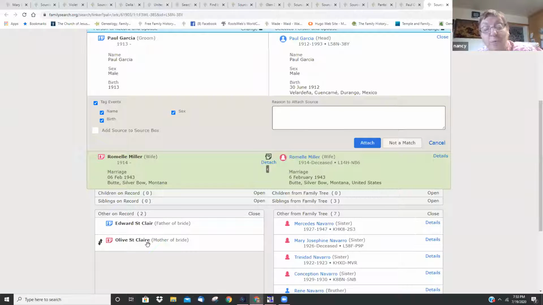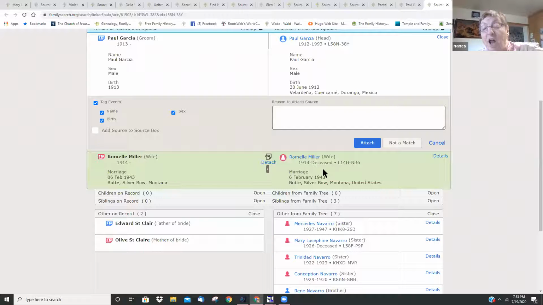One of the steps that Augustina needs to take is to look them up and see if they are already in Family Search. If not, she's going to want to look up Romel Miller, who was both the marriage record that's here and the Family Search record that's here. They both already say, yes, they knew that that was the right husband and wife.